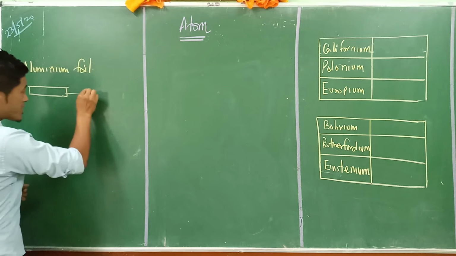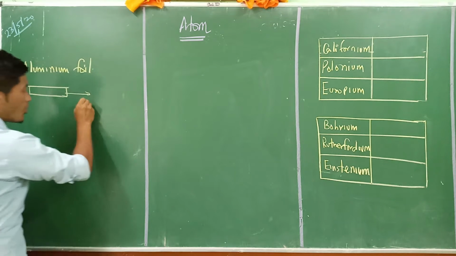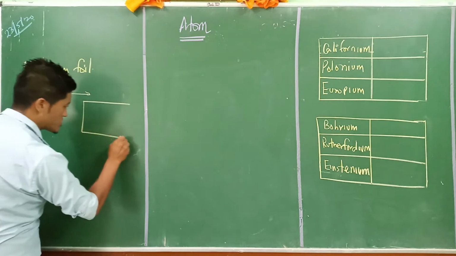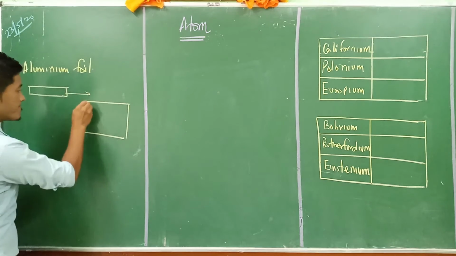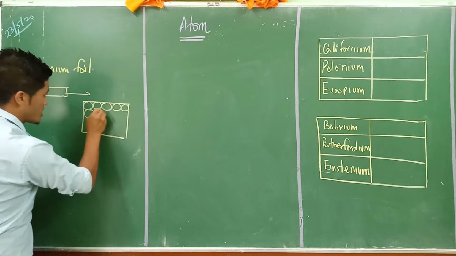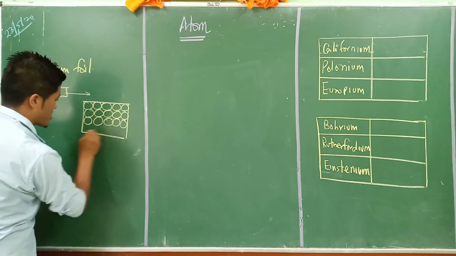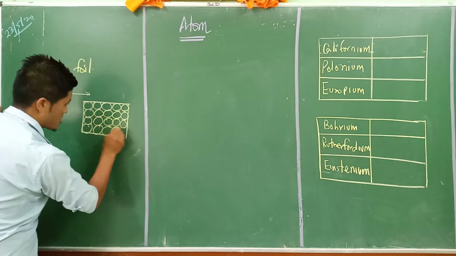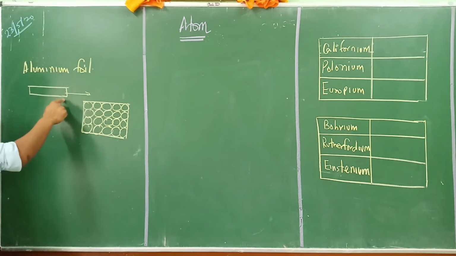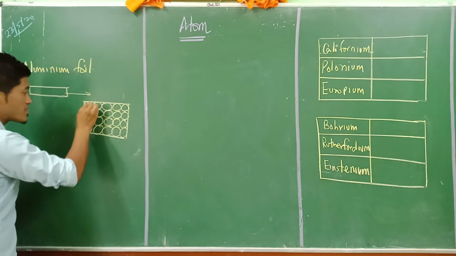If we try to maximize it, make it bigger, we will see many different kinds of... if we try to maximize this, we will see aluminium here.